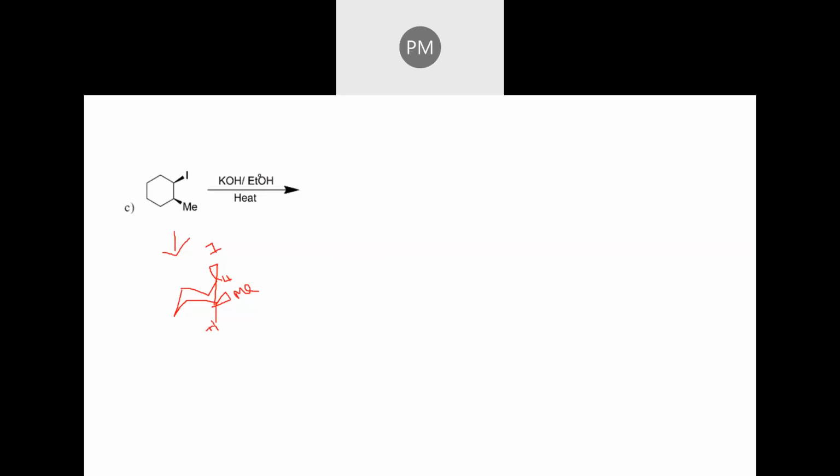And also you know that elimination reaction will happen via the anti-periplanar pathway. Anti-periplanar pathway means the leaving group will be anti-periplanar to the hydrogen.